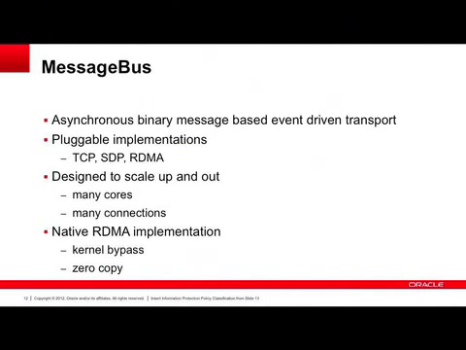This API is designed to solve some of the problems that we were running into with the legacy datagram-based transport. In particular, we designed it to scale both up and out. We want to be able to handle architectures with many cores, scale to many different connections, and spread that load over many different cores.